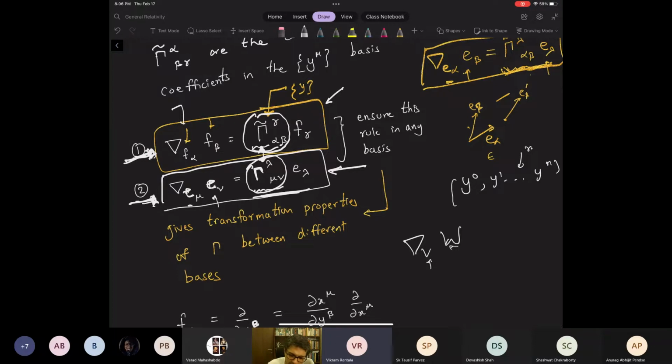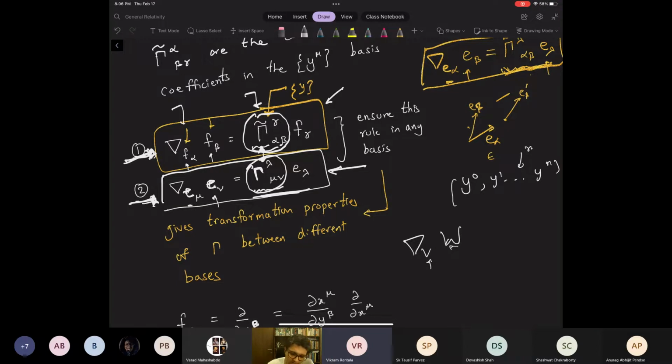And if your rule is that it must always be of this form in any basis, when I take the derivative along some basis vector of some other basis vector, then it basically gives you the transformation rule between the two gammas.